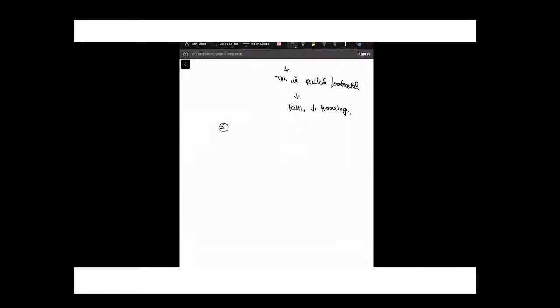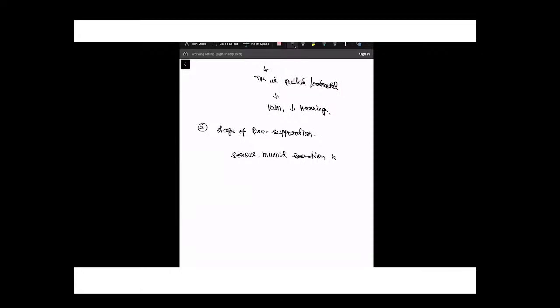Coming to stage 2, it's a stage of pre-suppuration. There is accumulation of serous, mucoid secretion in the middle ear.